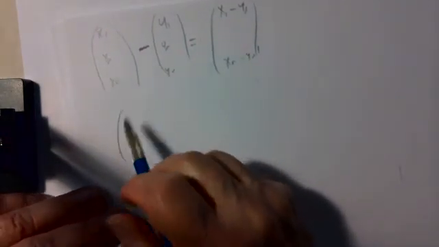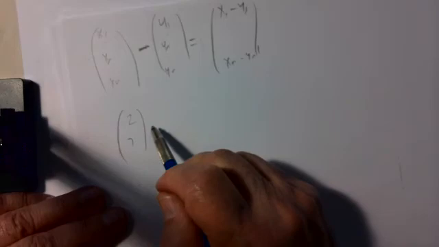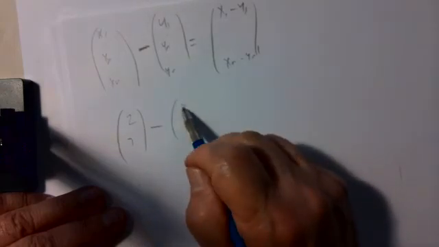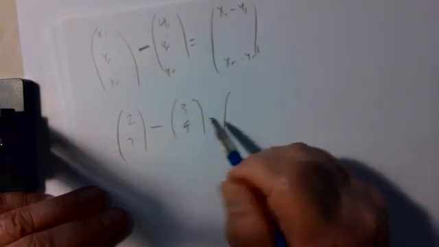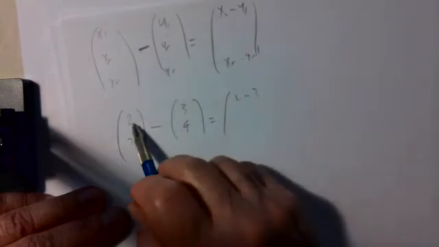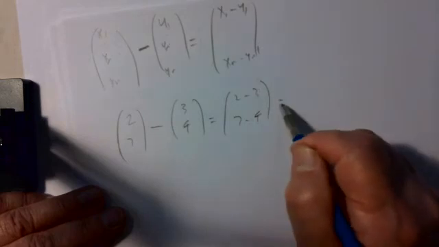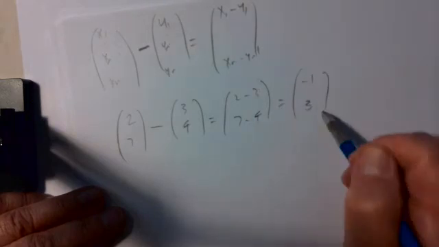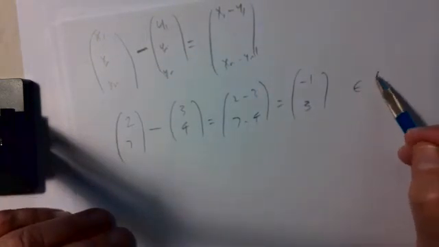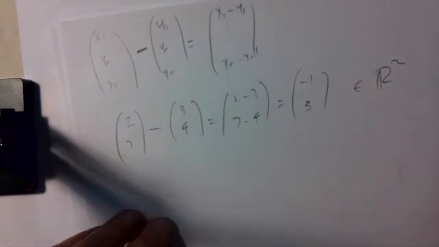So for example, if you had the vector 2, 7, and you wanted to subtract the vector 3, 4, first coordinate is 2 minus 3. The second coordinate is 7 minus 4. So this is the vector minus 1, 3 in R2.